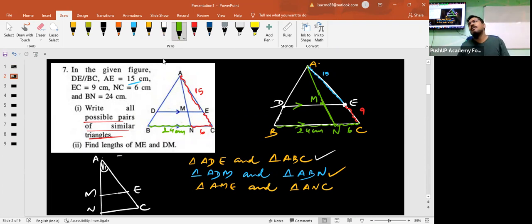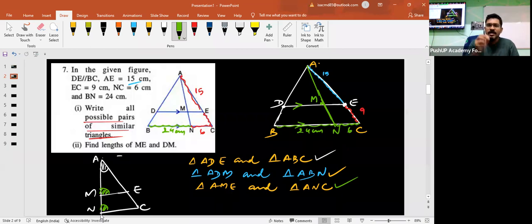Yes, angle A is common in both. And at the same time, angle M and angle N, they both are corresponding angles to each other, right? So these 2 triangles are also similar. I don't think you can find any more triangles to be similar, right? So these are the 3 pairs.